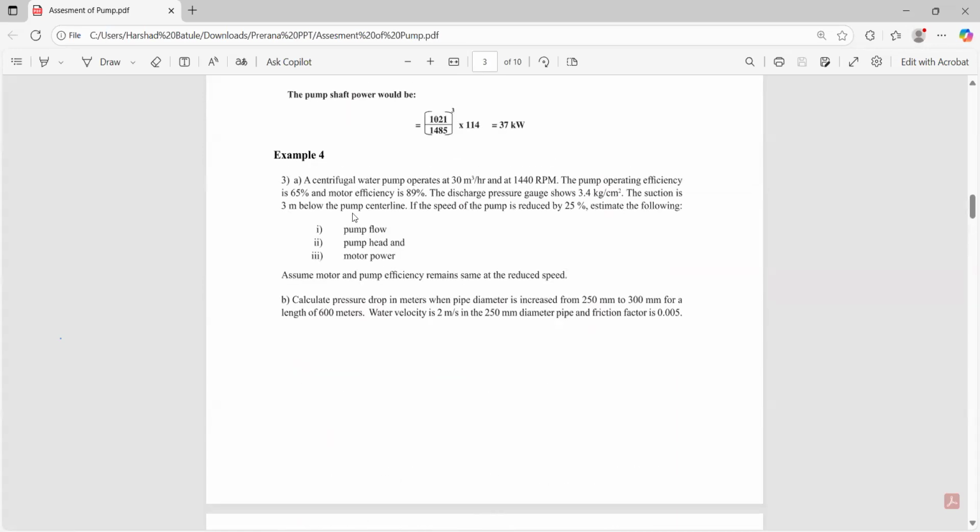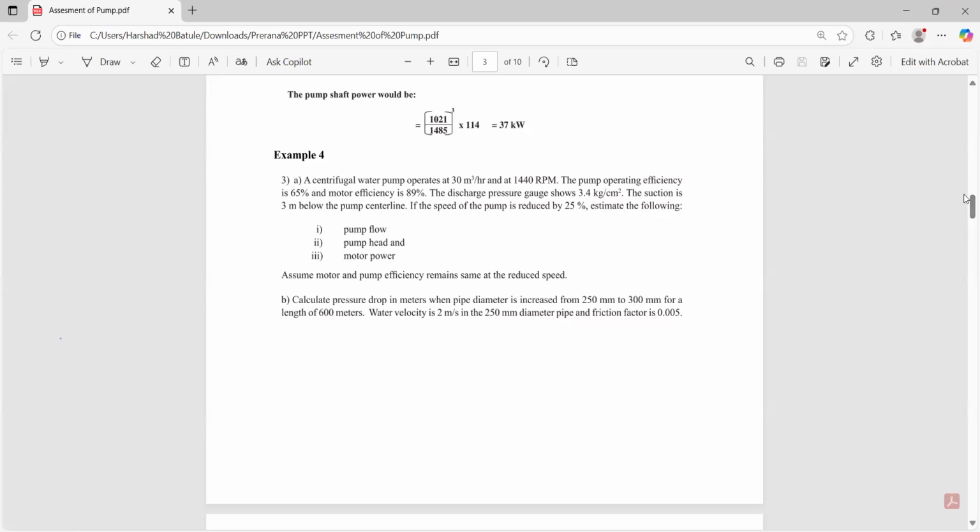Another question is linked to that. Calculate the pressure drop in meters when the pipe diameter is increased from 250 mm to 300 mm for a length of 600 meters. Water velocity is 2 meter per second in the 250 mm diameter pipe and friction factor is 0.005. So we have seen that earlier.